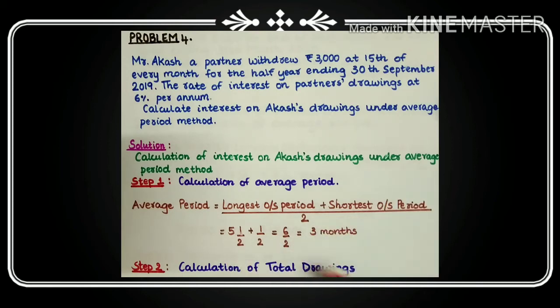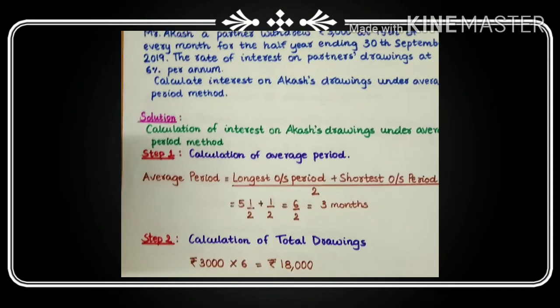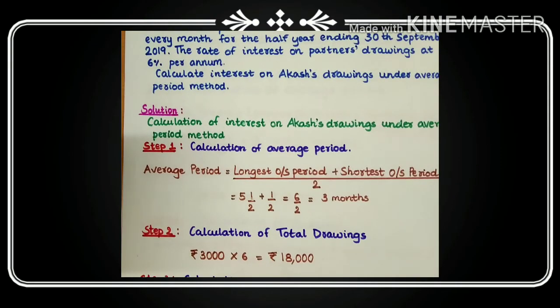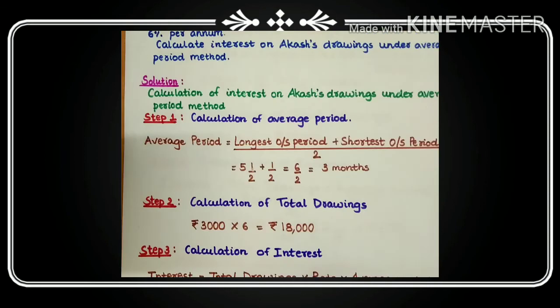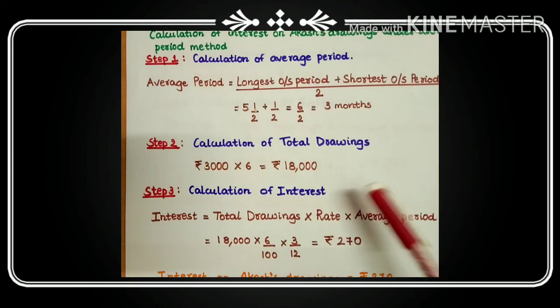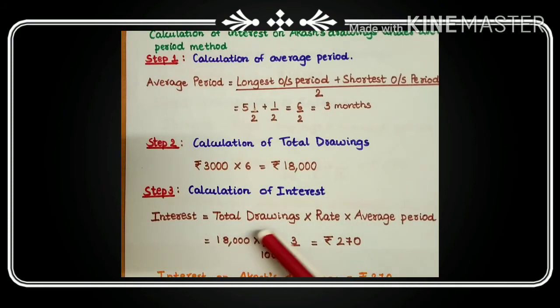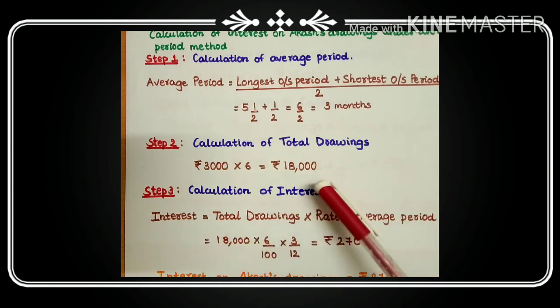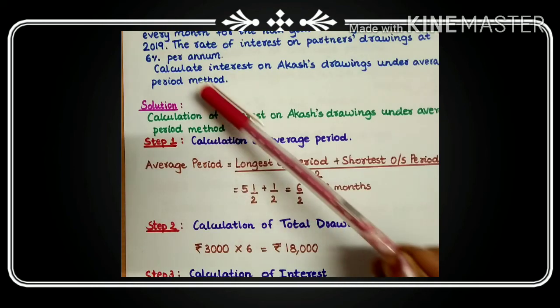That is 3 months. Next we have to calculate total drawings. How much did he withdraw? It was 3000, for 6 months. So 3000 into 6 is rupees 18,000. This is the calculation of total drawings. Next, calculation of interest. Interest is equal to total drawings into rate into average period. So total drawings is 18,000. At what rate? They have told 6% per annum.